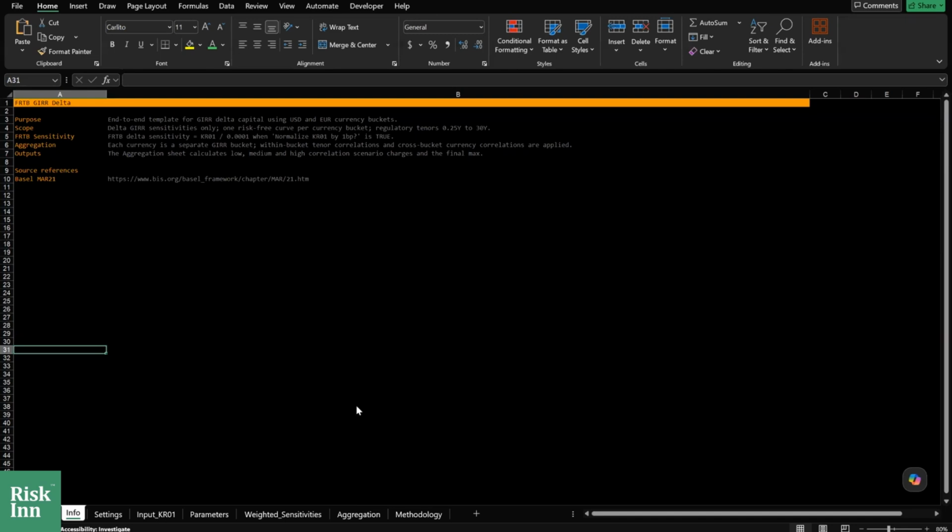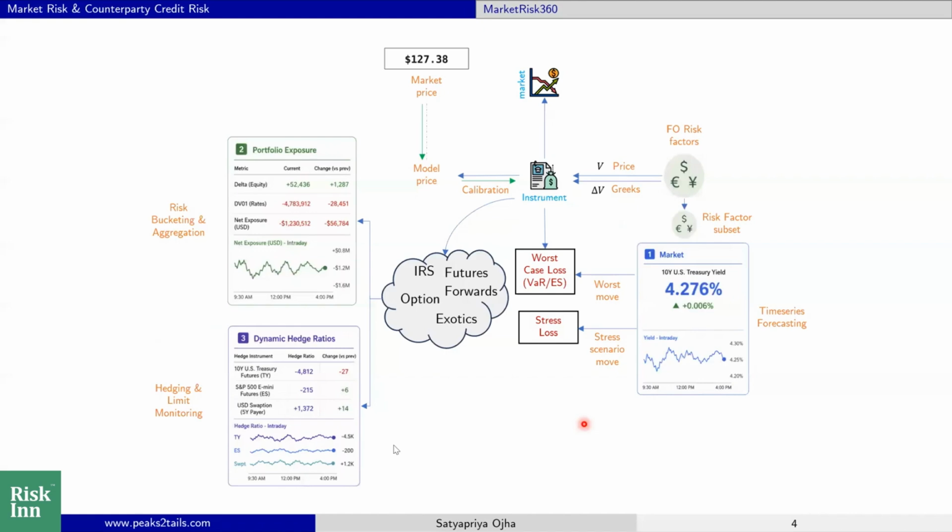So, a little bit of description on that actually. So here is the thing. We got the sensitivities. We know how to calculate the price. For now, our risk factor is a reduced set of risk factors as given by the regulator, for example.